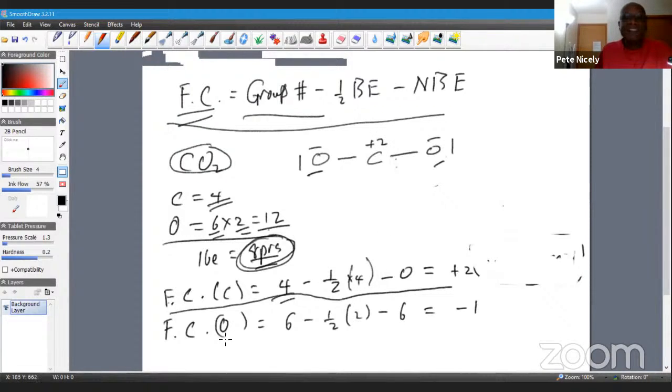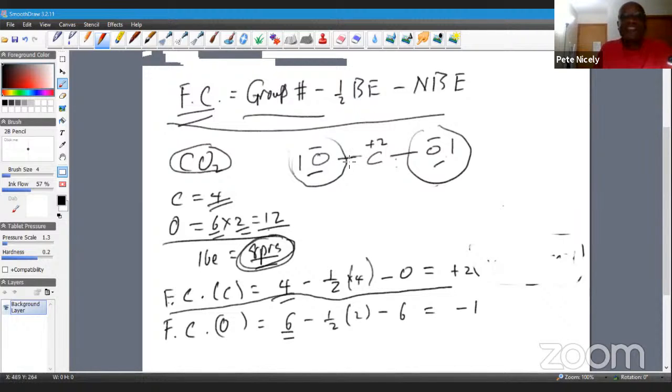And then in the case of oxygen, it is the group number. By the way, you'll notice that the electron arrangement for this oxygen is the same as for the other oxygen. So if we do the calculation for one, it's the same as the calculation for the other, so we can just focus on one oxygen. The group number is 6, if you look it up in the periodic table, minus half the number of bonding electrons.